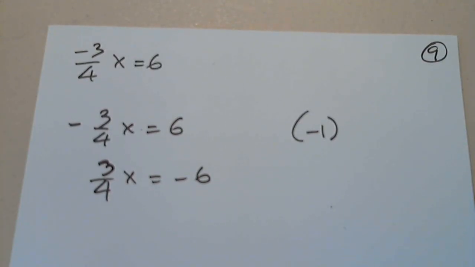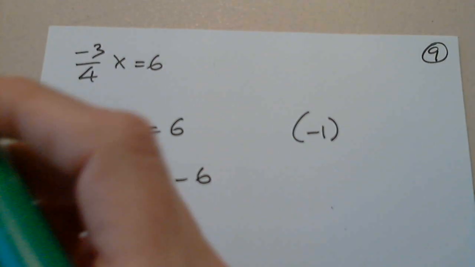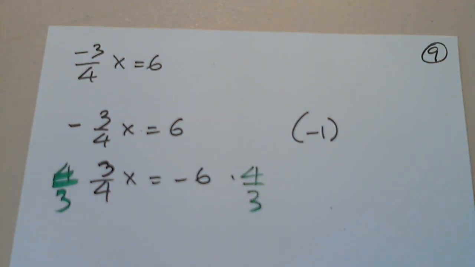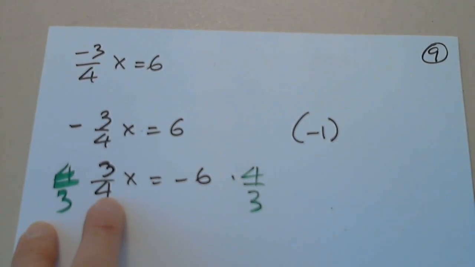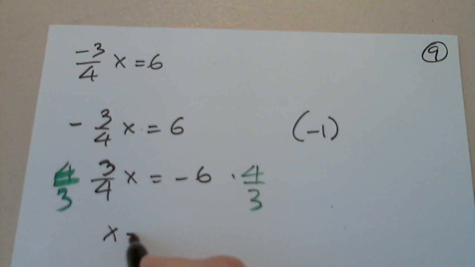And now get rid of the fraction in front. What do we need to multiply both sides by? Don't ever forget both sides. 4/3. Yes, so we're going to multiply by 4/3, because these are multiplicative inverses, not when you add them, but when you multiply them. When we multiply them, we get 1, and that's what we want.